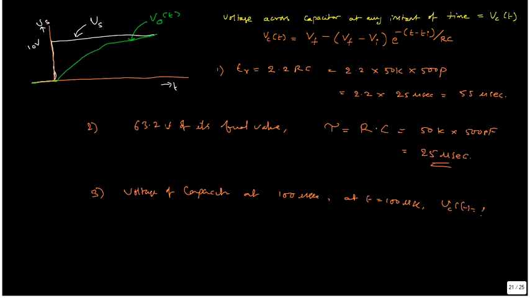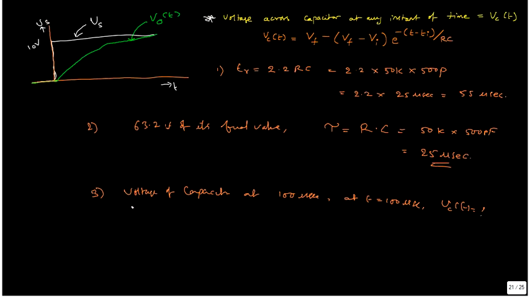To calculate this, we should know the general equation of capacitor voltage at any instant of time. Voltage across the capacitor at any instant of time is given as Vc of t equals Vf minus Vi into e power minus of t minus Ti by RC.